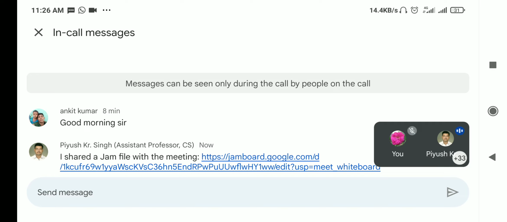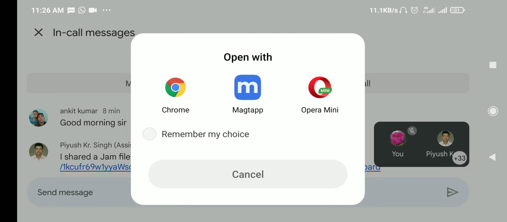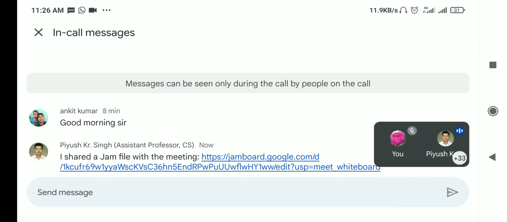So if x is 0, then it will be 0. If x is 1, then it will be 1. So this is one of the methods, using the truth table.